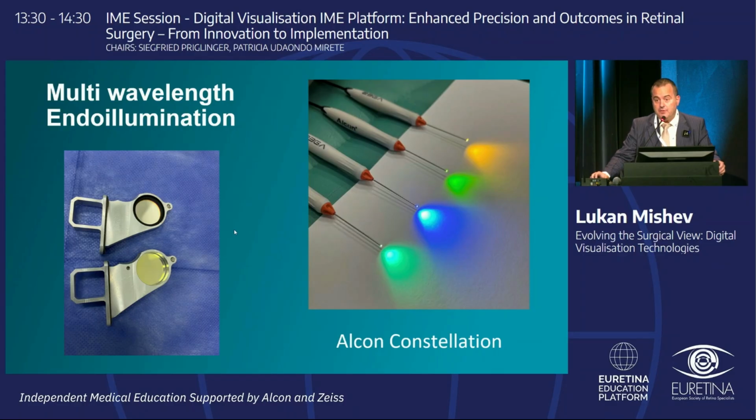When it comes to illumination, you can change the illumination color, not only the temperature, because different tissues reflect different colors. For example, we perceive the fundus as an orange tissue or a red one or a pale one, depending on whether it's an emmetropic or a myopic eye.